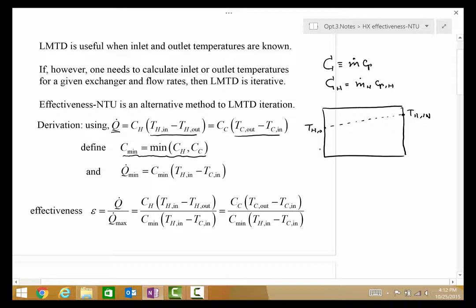And we have the cold stream going to T cold out from T cold in. As we increase the heat transfer coefficient between these two, so we're going to increase UA. So this is for a fixed UA.